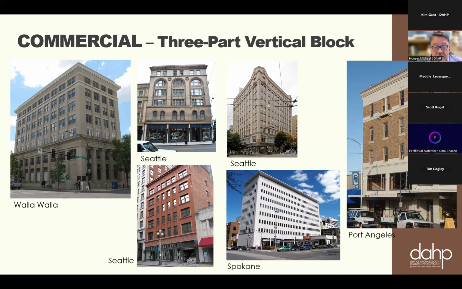The shaft is the in-between floors, and then the capital is usually the top floor, which involves a cornice and maybe a floor itself. So on these buildings, you'll see three different components that are distinct from each other. Even the one in Spokane, the Lincoln Building, right? It has a first floor with a middle that's distinctive, and that overhang on the top. There's another floor up there that's recessed. So, three-part vertical block.